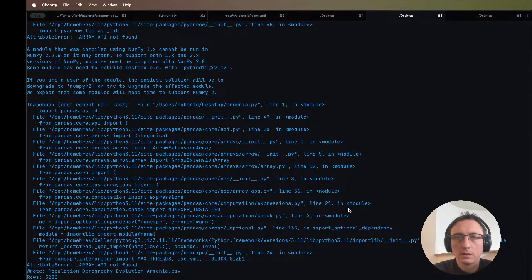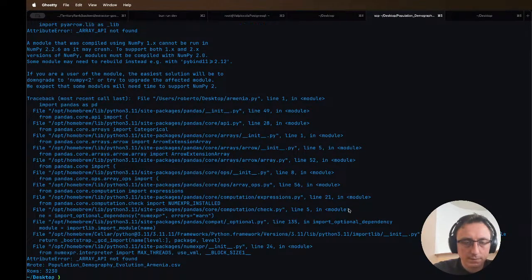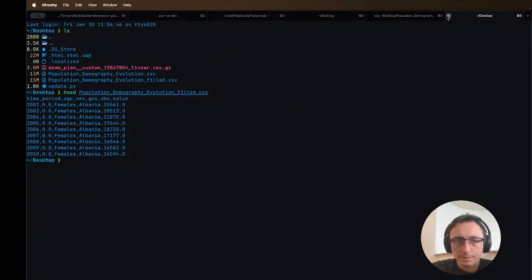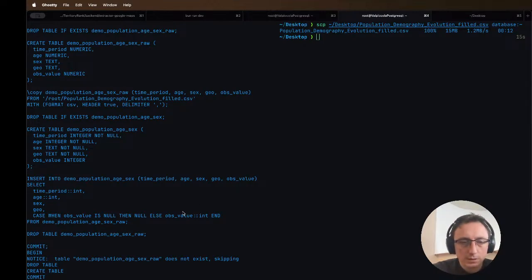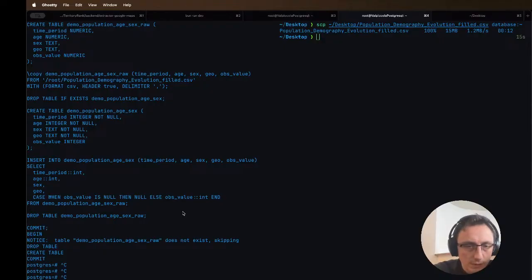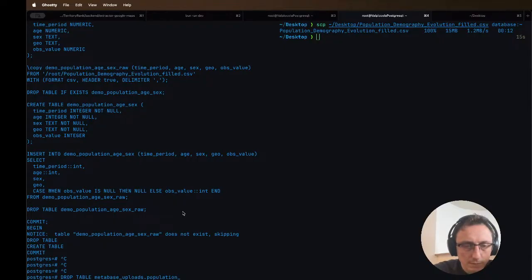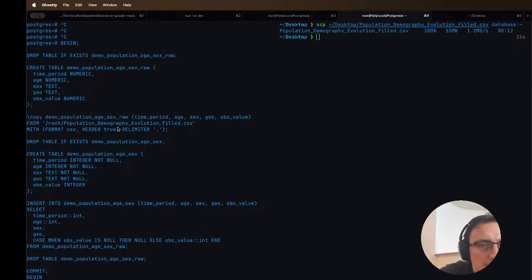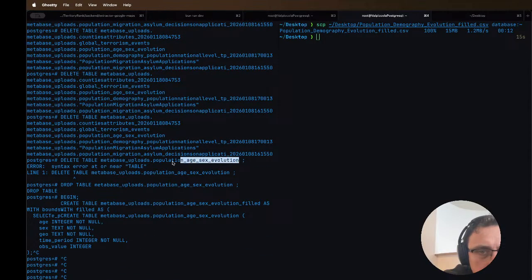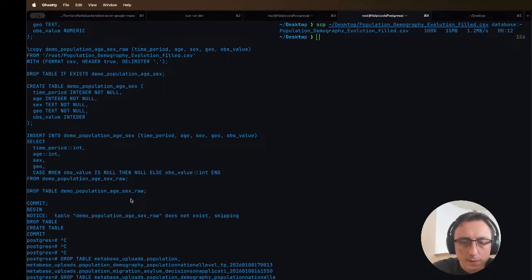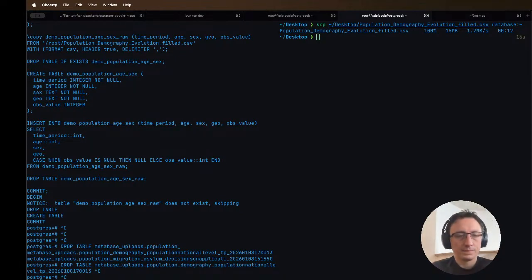SCP. Let me make some cleaning. So we drop table population. No. One second.